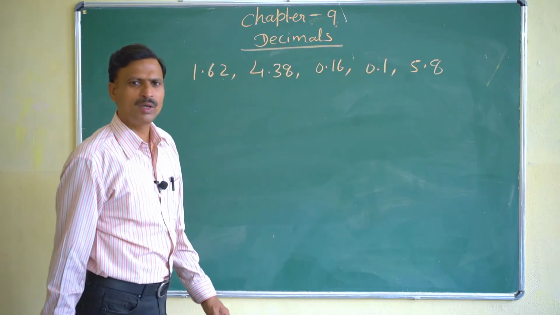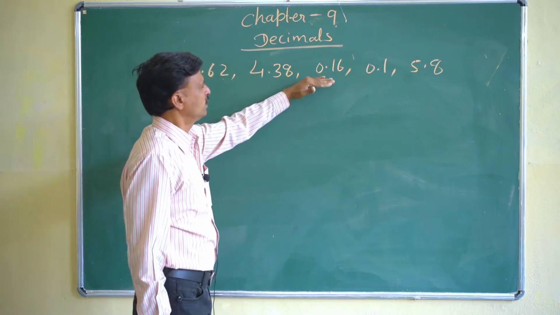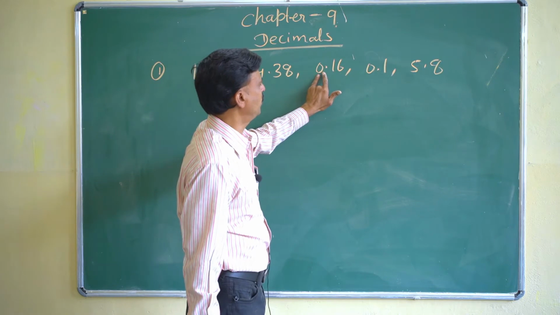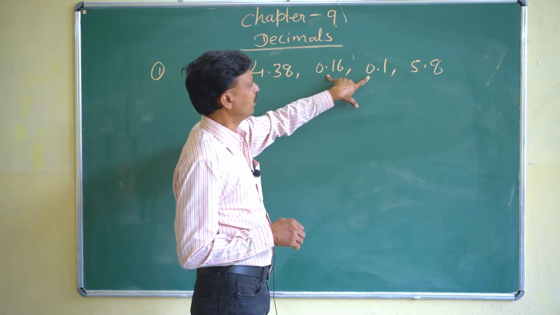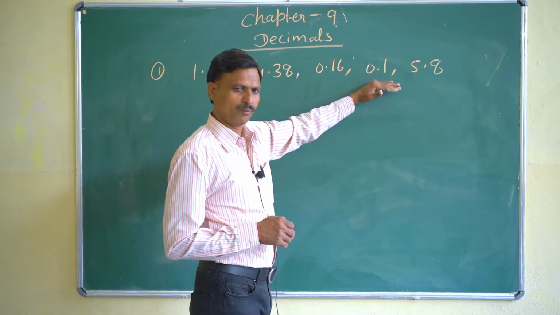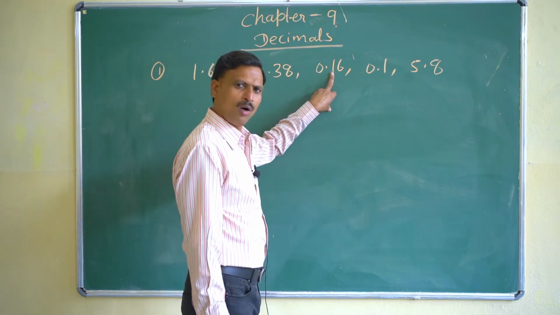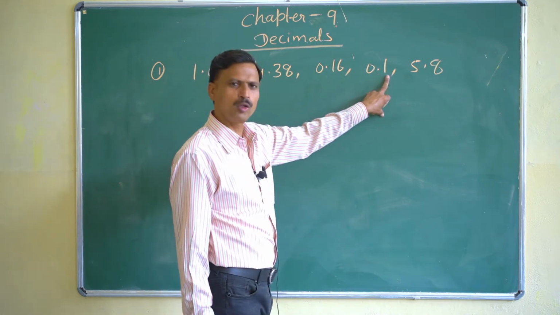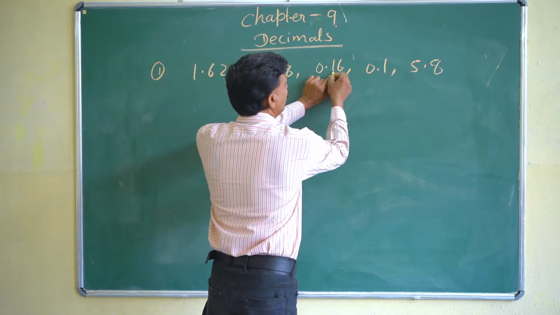Which is the least? Definitely 0 and 0. For these two, the whole number part is 0 and 0. Then we'll compare which is the least, 0.16 or 0.1. After the decimal the first place digit is 1 here and 1 here. Then which will be greater or smaller?